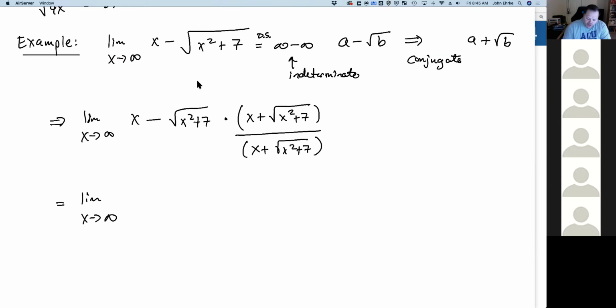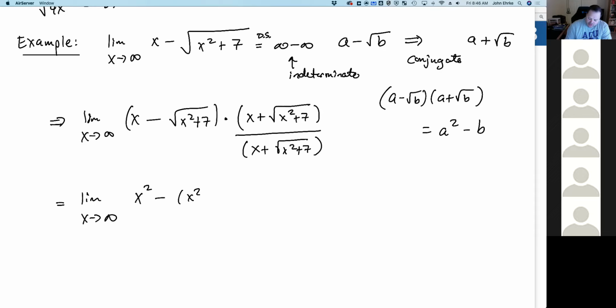If you have a function times its conjugate, so a minus square root of b times a plus square root of b, you square the first term, you square the second term, and you subtract them. So x squared is the first term. I'm going to square the second term, which gets rid of the square root, and then I'm going to subtract them. So that's what the numerator turns out to be.